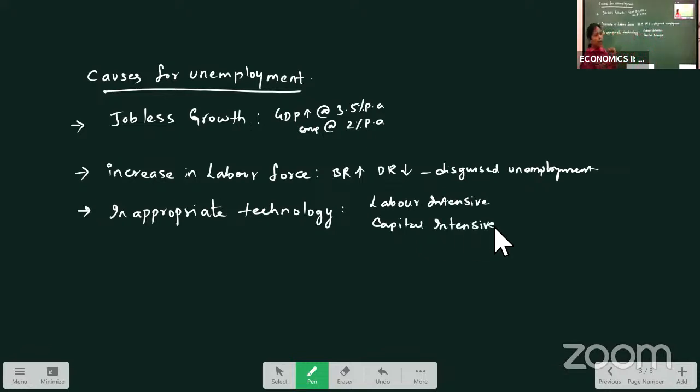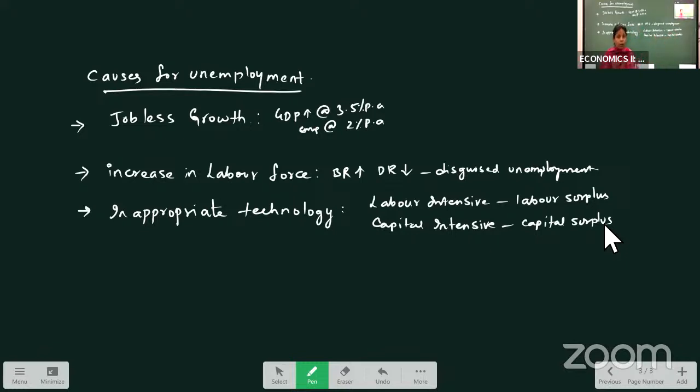Labor intensive means where excess labor is available to us, so we use labor. Labor intensive is used in a labor surplus economy, whereas capital intensive is used in a capital surplus economy. When there is a shortage of capital, we use labor. When there is a shortage of labor, we use capital.